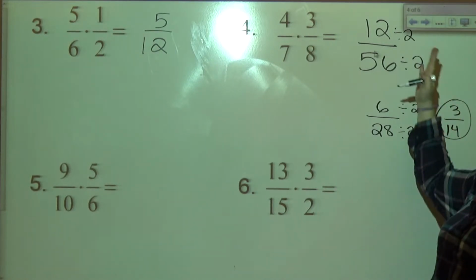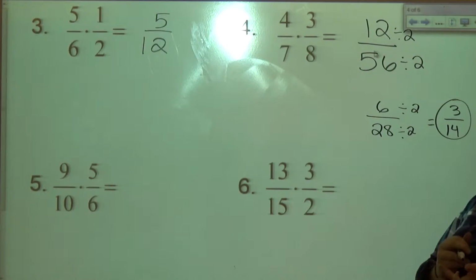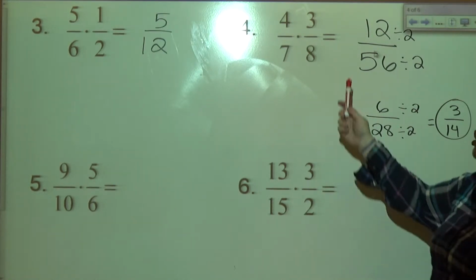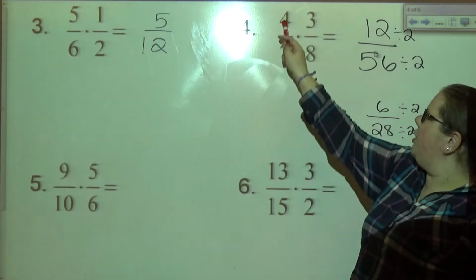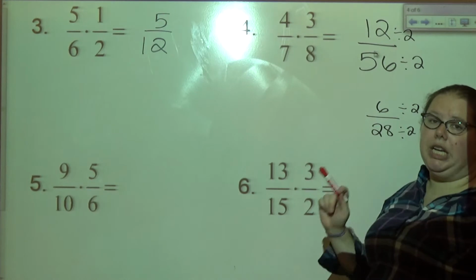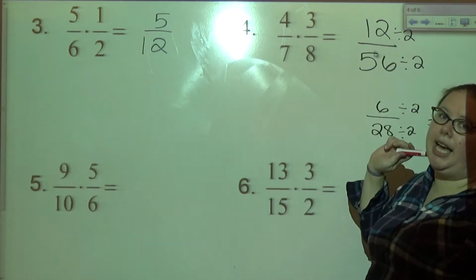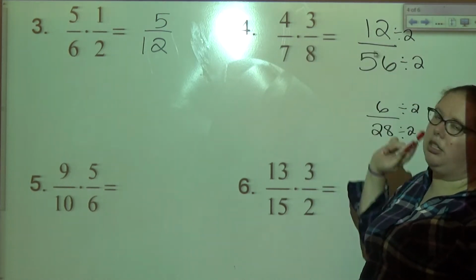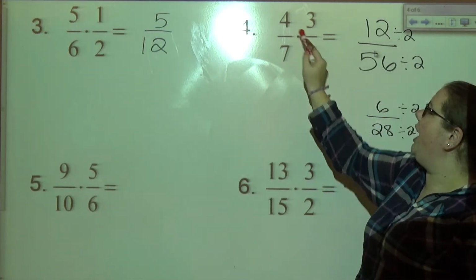Now another method. Now if you struggle with this, you can ignore what I'm about to say. The easy way to do this is to cross cancel. Look at these fractions. Can you do anything to 4/7? No. 3/8? No. Now look at the diagonals. 3/7? No. 4/8?